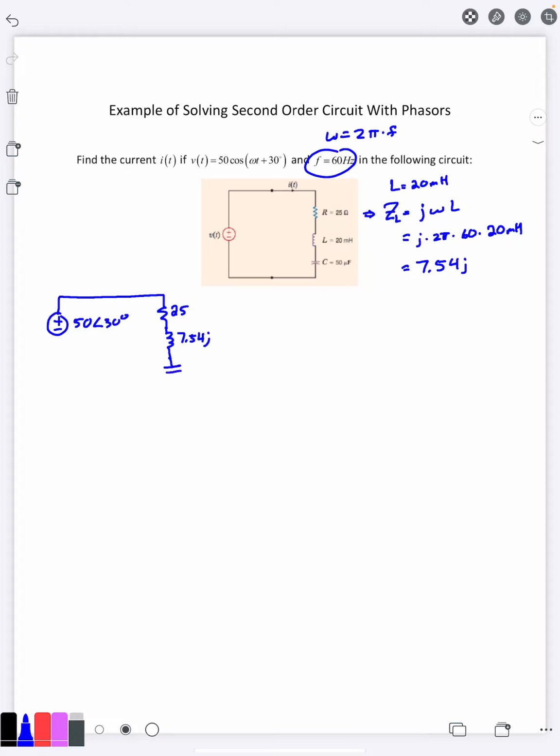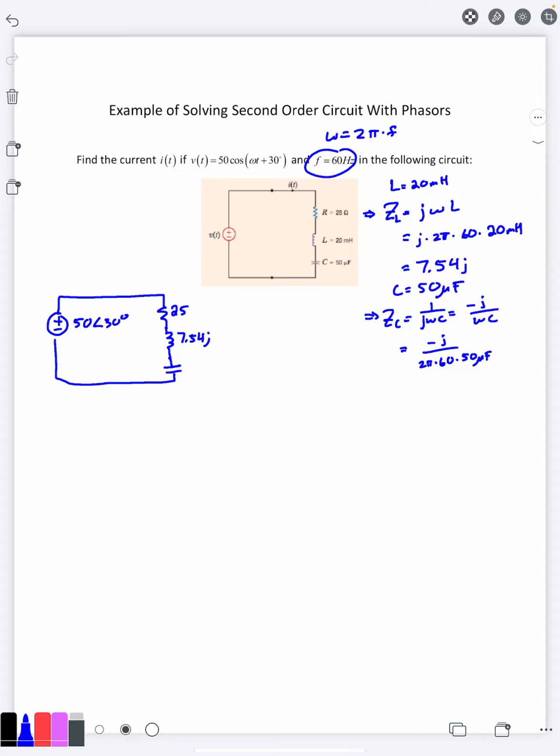Then we need to convert the capacitor into impedance. C is 50 microfarads. And we know that the impedance of a capacitor, you can either write it as 1 over j omega C or negative j over omega C, depending on your preference. I'm going to choose the second one. So again, omega is 2 pi times the frequency, 60. And again, my C is 50 micro.